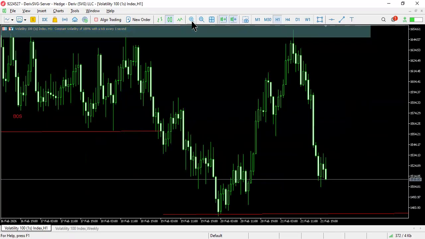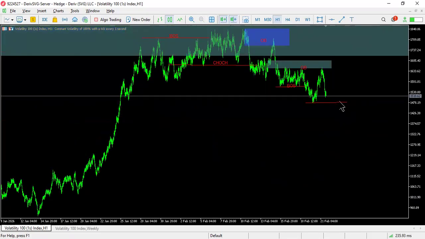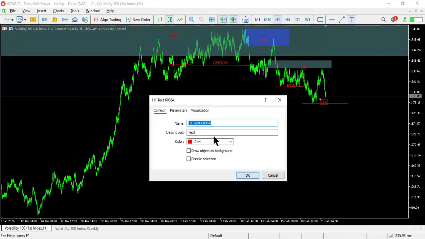Therefore, I'm going to wait, as currently there is no setup here. We are going to wait for price to break this low to give us a break of structure.